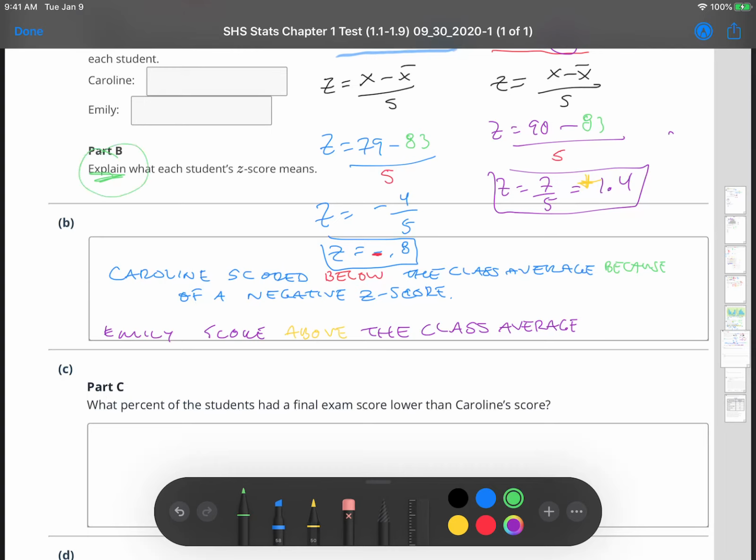My explain word is because of a positive z-score. Again, you could have said Emily scored greater than Caroline because she has a positive z-score versus Caroline's negative z-score, but you have to compare both of them.